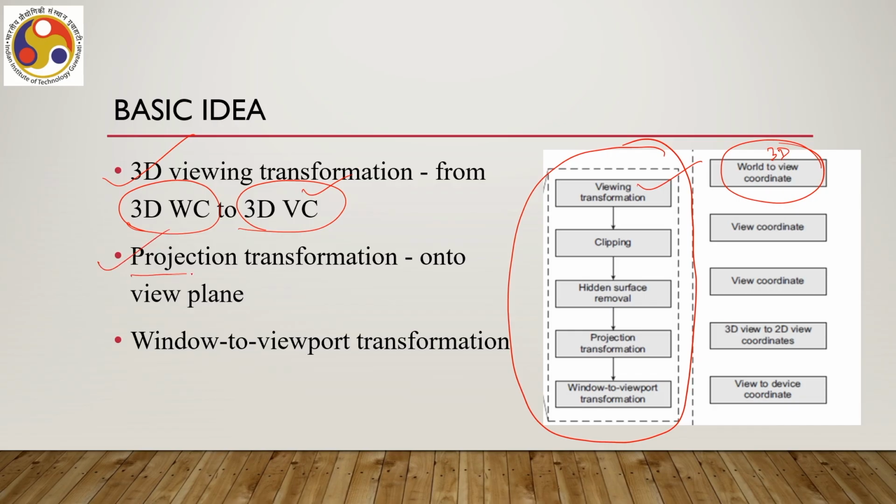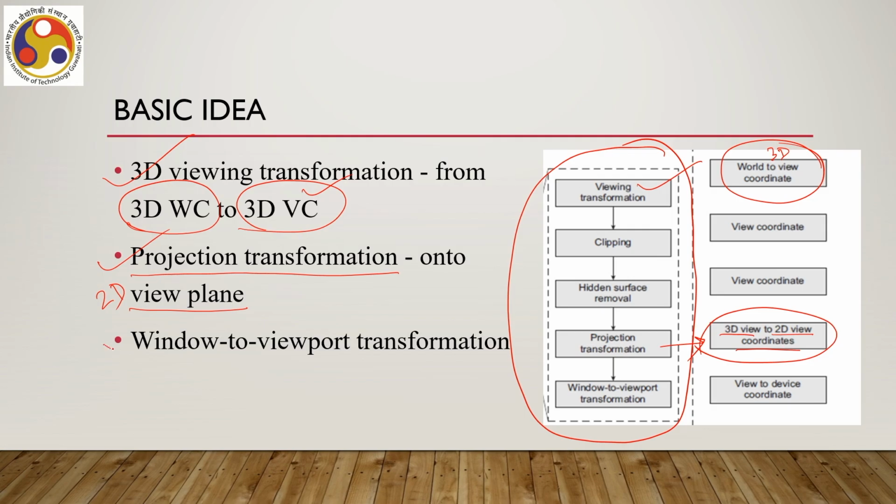Second thing is a projection transformation, that is projecting the 3D view coordinate scene to a view plane, which is a 2D plane. So, this is the projection transformation, 3D view coordinate system to 2D view coordinate system or 2D view plane.